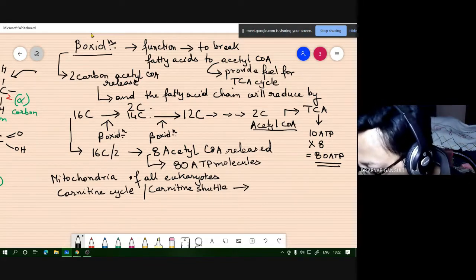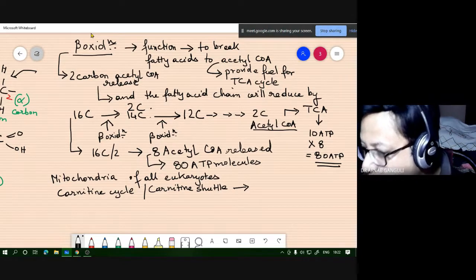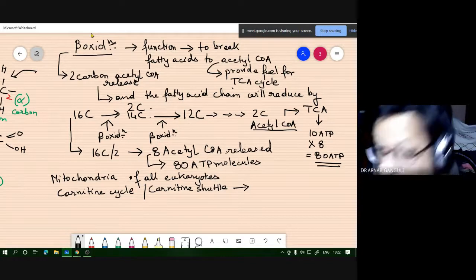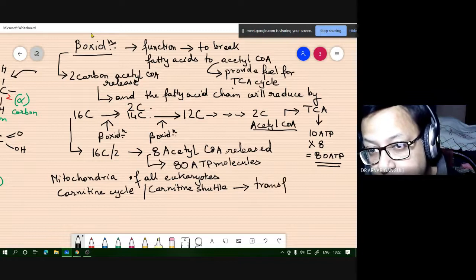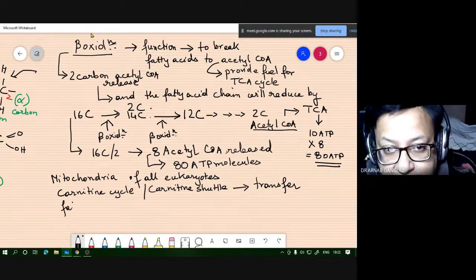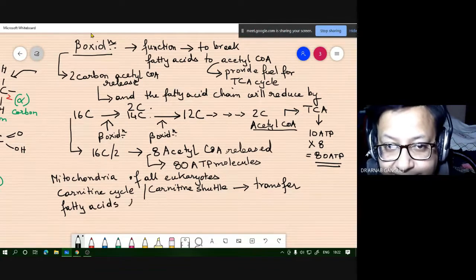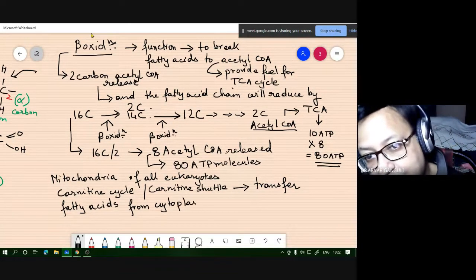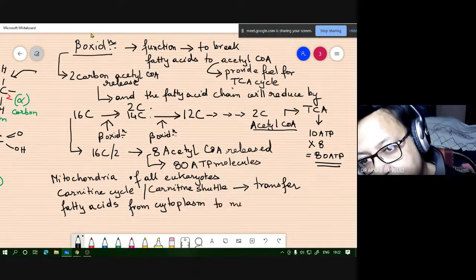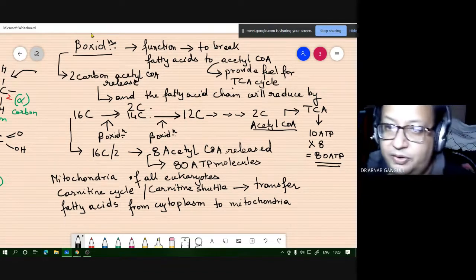The function is to transfer fatty acids from cytoplasm to mitochondria. Its function is for beta oxidation.